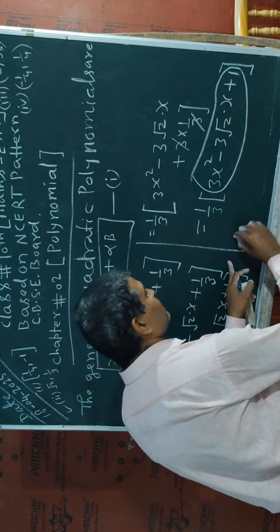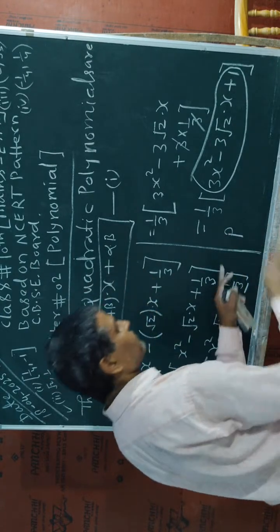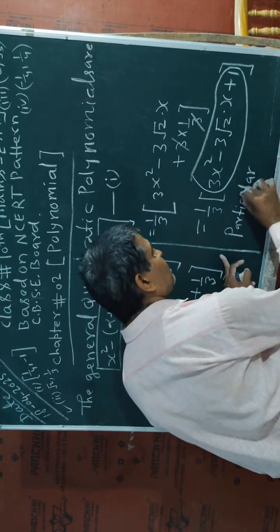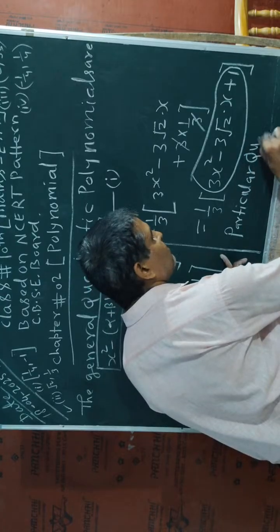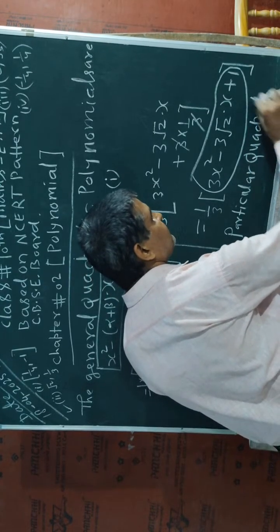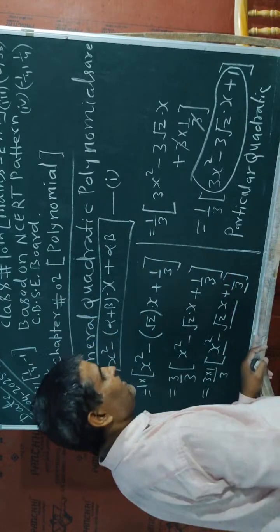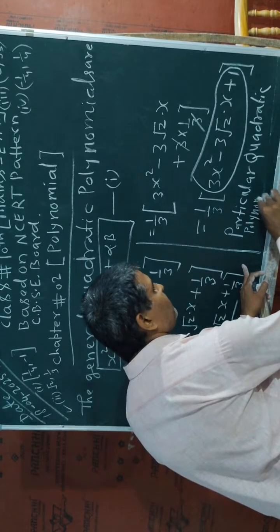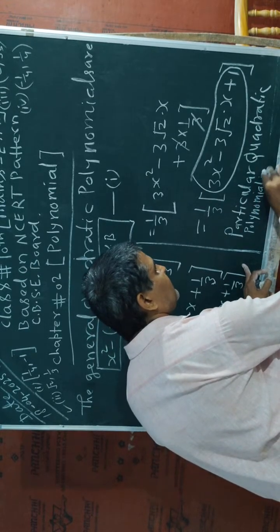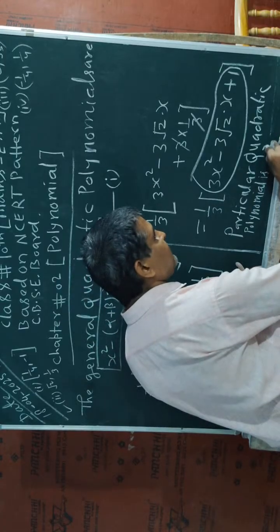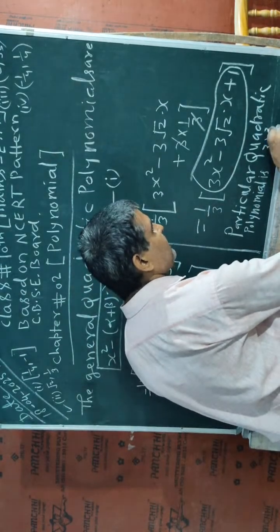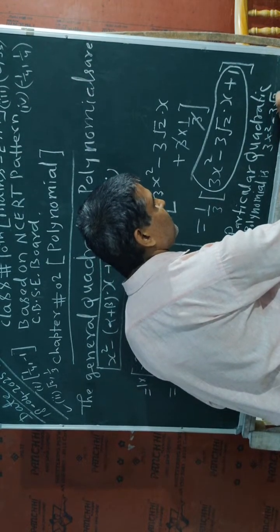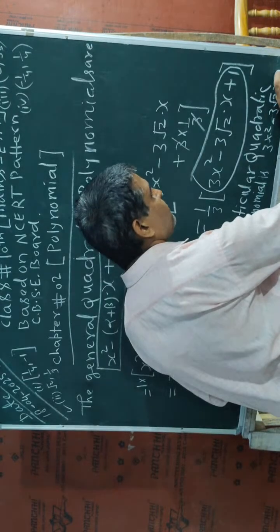Final answer I will say, particular quadratic polynomial is 3x square minus 3 root 2 into x plus 1.